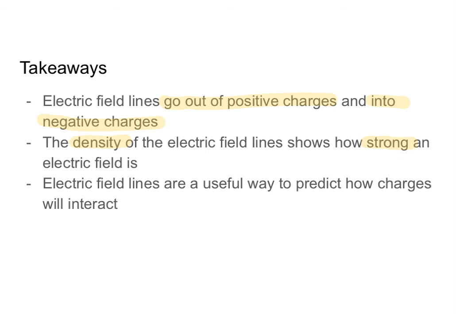And finally, electric field lines are a useful way to predict how charges will interact. So when we have lines going out of one charge and into another, it suggests that that charge is going to be attracted, is going to be moved towards those other charges. And when you have a gap between those charges, like between your field lines, as we did with 2 positive charges, that suggests that those charges will repel from one another.